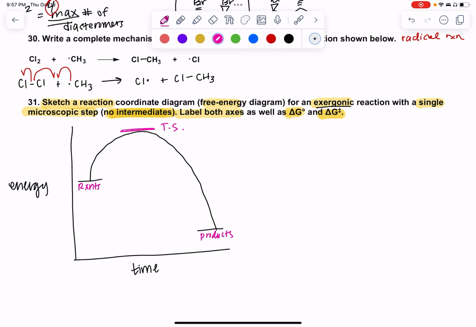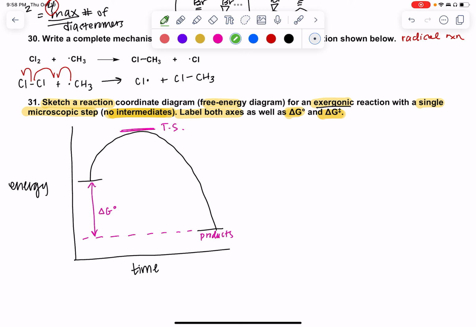Now, our delta G's. Our delta G naught is going to be the energy it took to get from the reactants to the products. So I'm going to erase this so we can draw an arrow. That's our delta G naught. This is the energy it took from reactants to products. Our transition, or our delta dagger, is our activation energy.